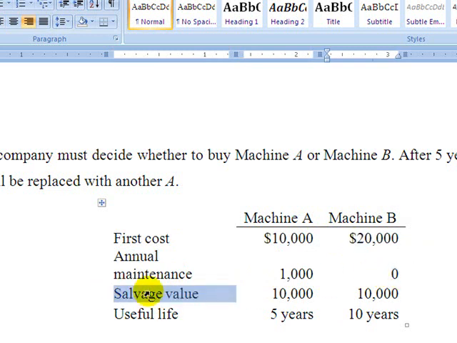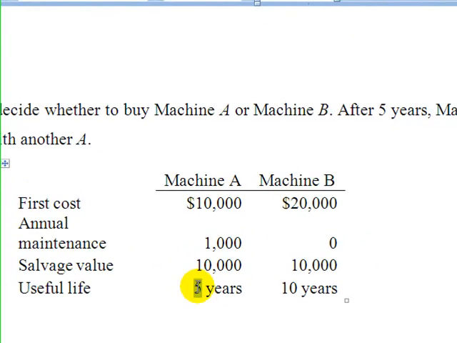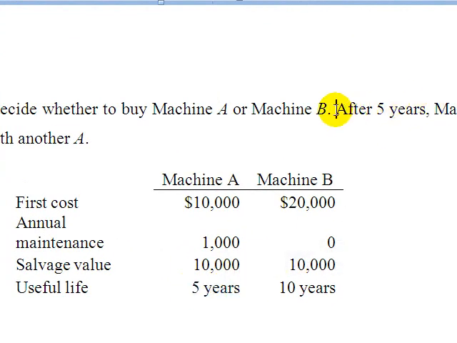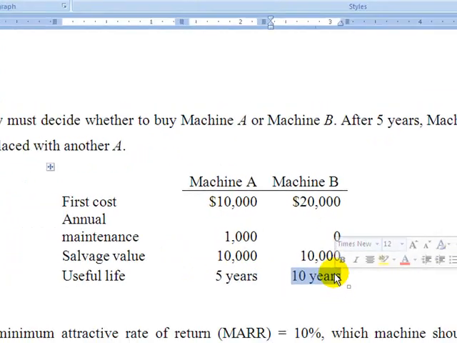Then salvage value is 10,000 and 10,000, so both have the same salvage value, but they don't necessarily have the same useful life. Machine A has 5 years, which we already know from this statement, and machine B has 10 years, right? So machine B lasts longer.